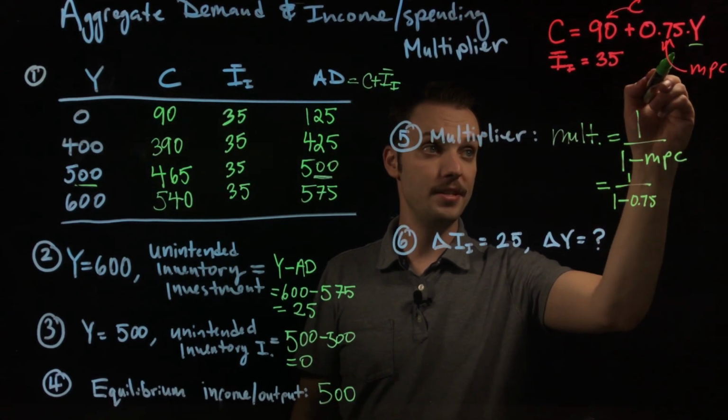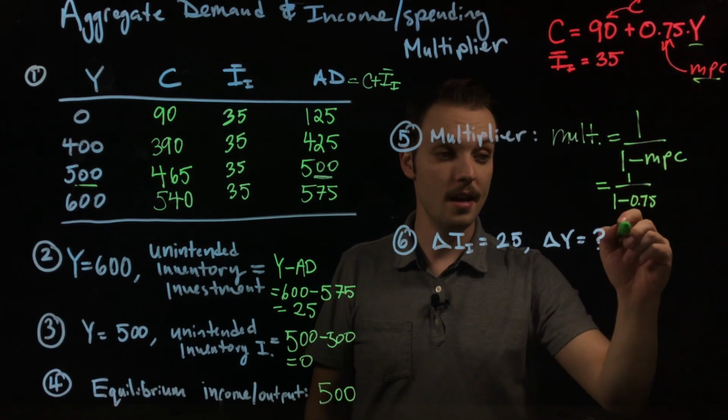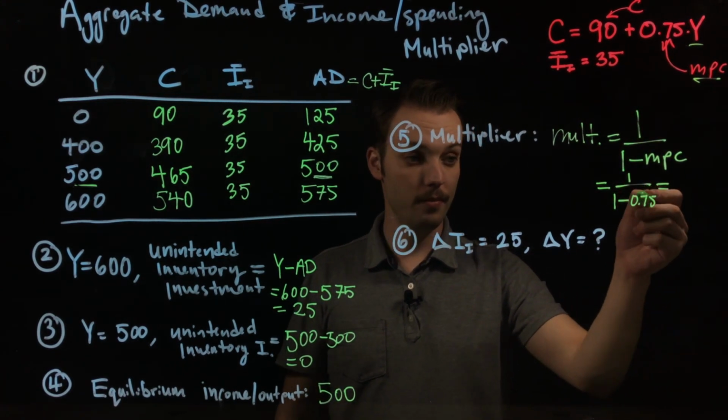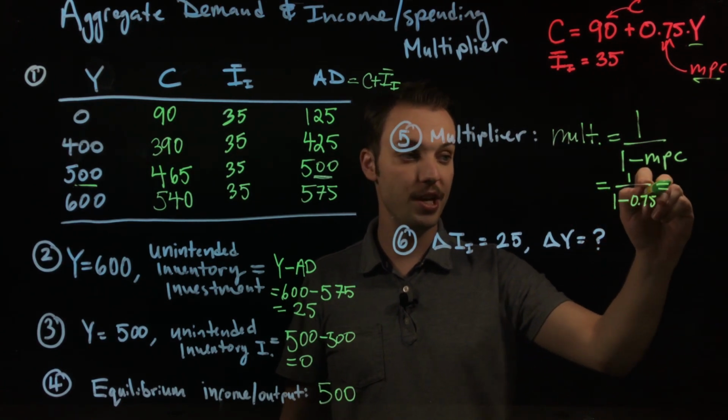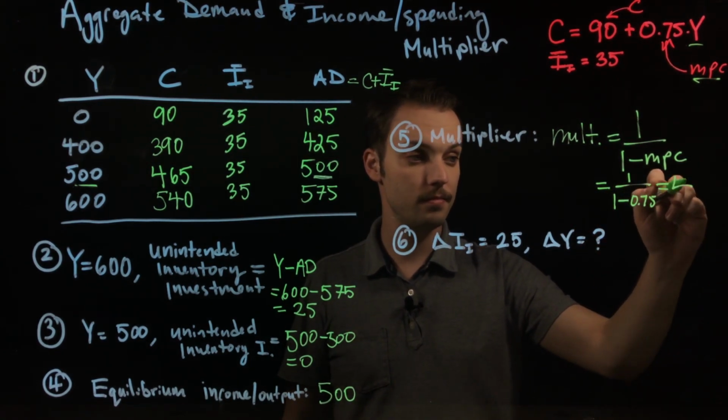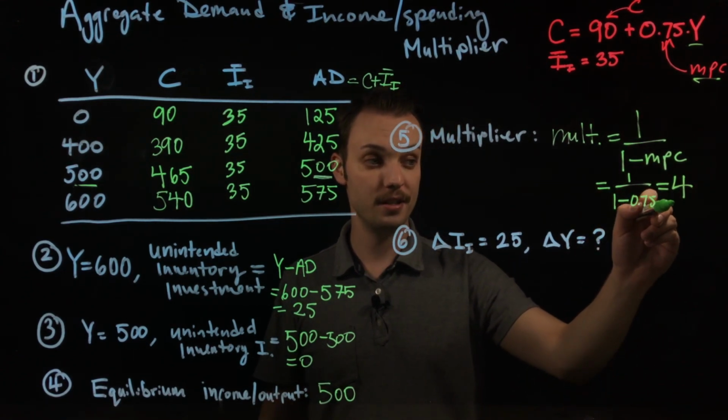This is the marginal propensity to consume, MPC, which is also 1 over 0.25, which equals 4. Okay, so the spending multiplier is 4.